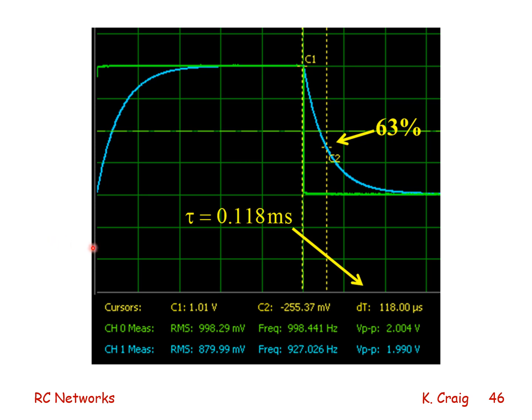Here I zoom in on the step response, and I see that at 63%, the delta t is 118 microseconds, or 0.118 milliseconds. I expect to see 0.148 milliseconds, as that is what the product of R times C for my actual parameter values is.